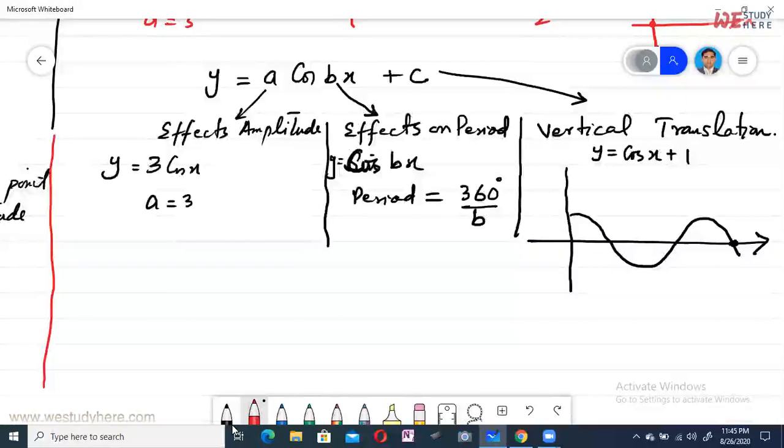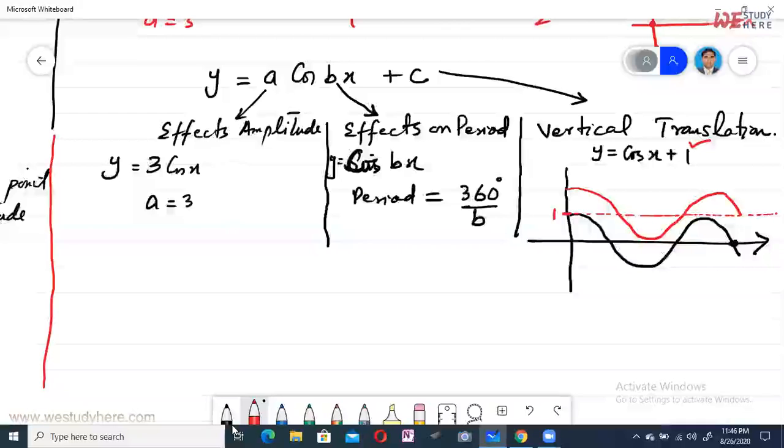It means vertical translation, c here is 1. Then this principal axis will go to y is equal to 1. Vertically we will go 1, and we will draw this principal axis at y is equal to 1. Then we will take this as the principal axis, and the graph will be according to this axis.